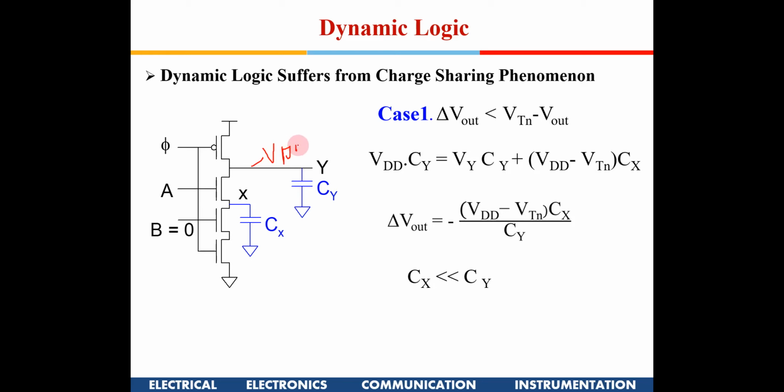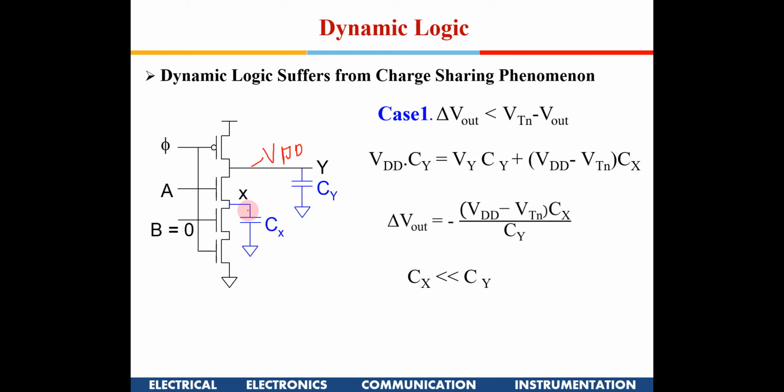Now during the evaluation phase, if B is 0 and A is equal to 1, this is supposed to remain VDD, but then some charge from here comes through this A transistor and gets accumulated in CX. So this won't remain VDD, it will go slightly lesser than VDD, and that is known as the charge sharing phenomenon.